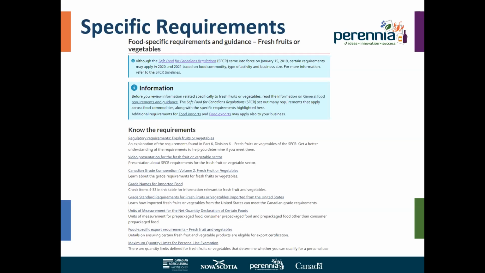There's Canadian grade information, grade names for imported product, grade standard requirements that must be met for product imported from the US, units of measurement for the net quantity declaration of certain foods, and any specific export requirements as well. And then they also have maximum quantity limits for personal use exceptions.